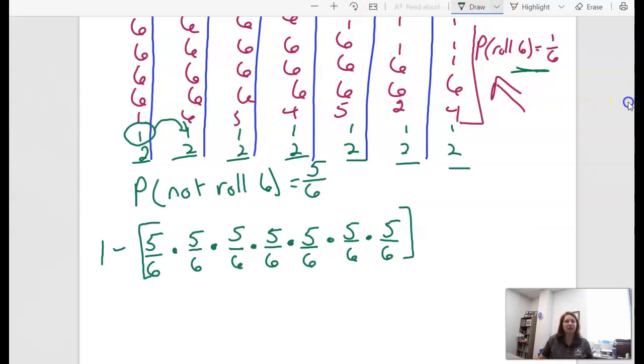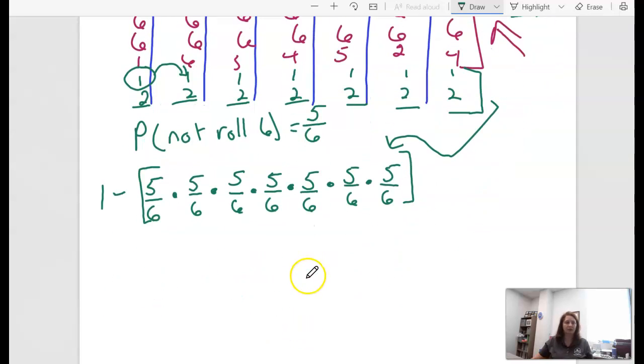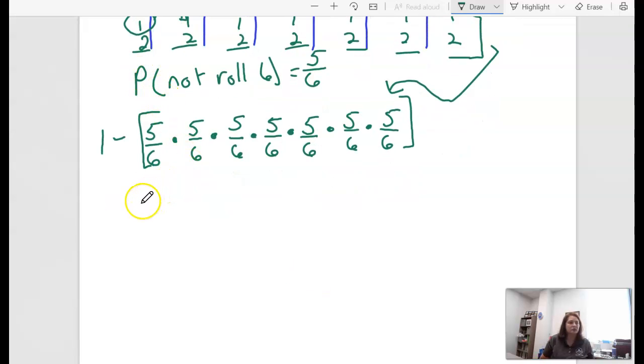These down here is what this part is going to give me. So I'm going to get 1 minus the opposite of what I really want, 5/6, raised to however many times I'm rolling my die.